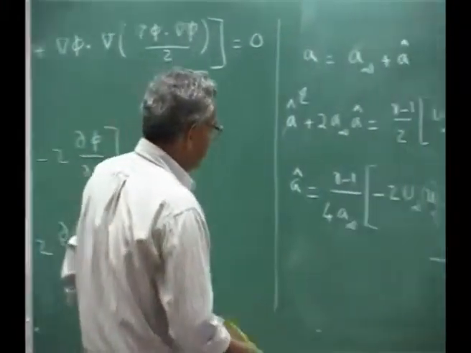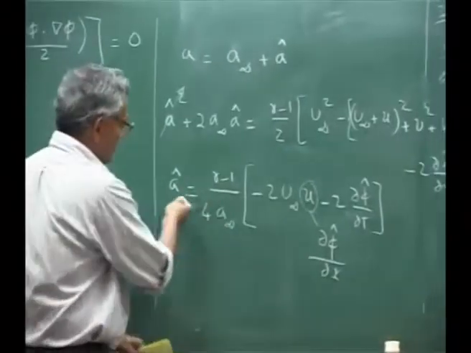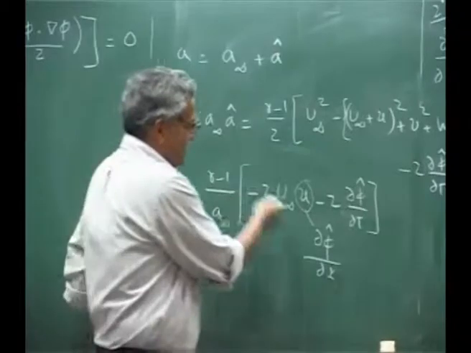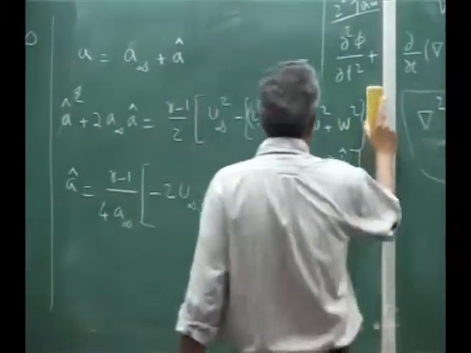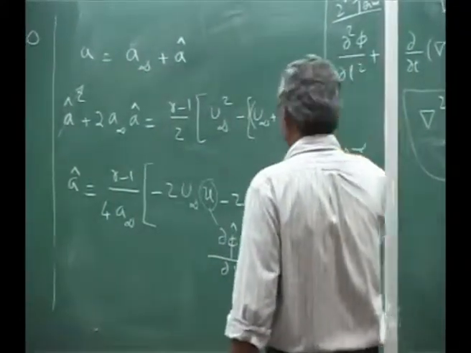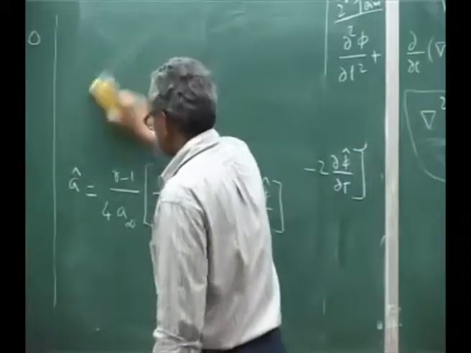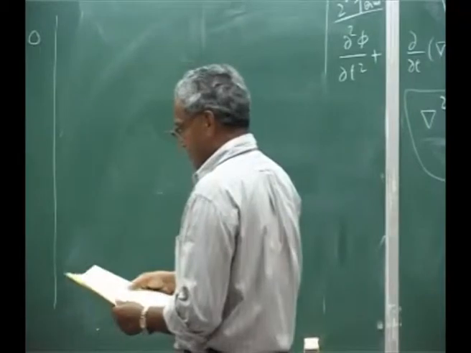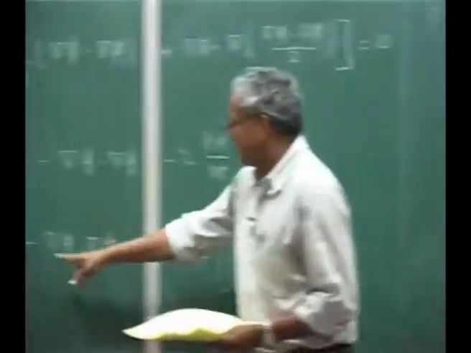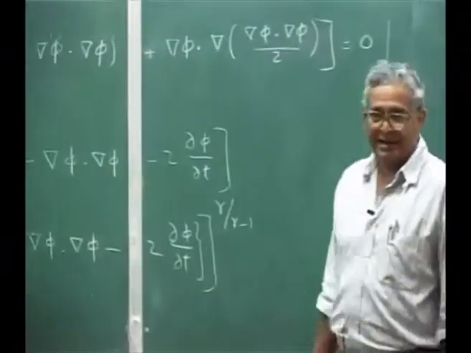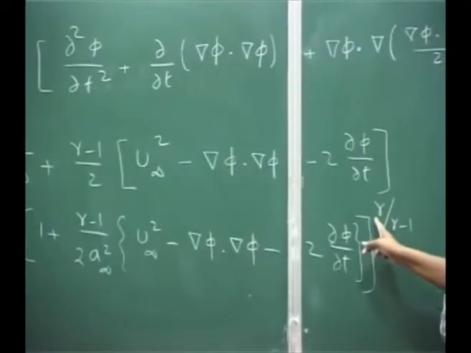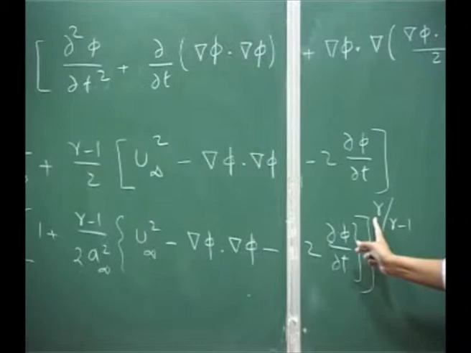Now let us go to the pressure expression, because this is the change in the local speed of sound. This is just for exercise. Now let me erase this part, let me write the pressure expression. The pressure is this. I am again making the assumption that all these are small quantities, so gamma minus 1 I am going to expand by binomial.